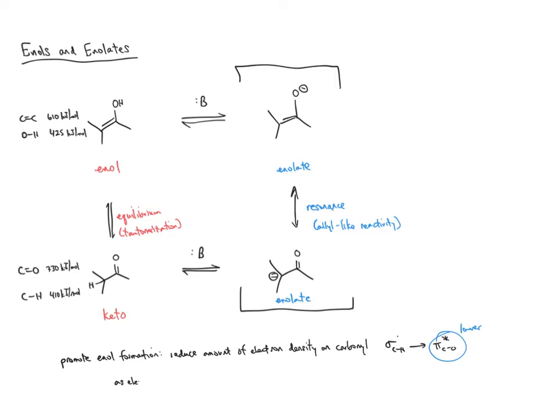As electron deficiency builds up, sigma donation is greater and more enol forms.